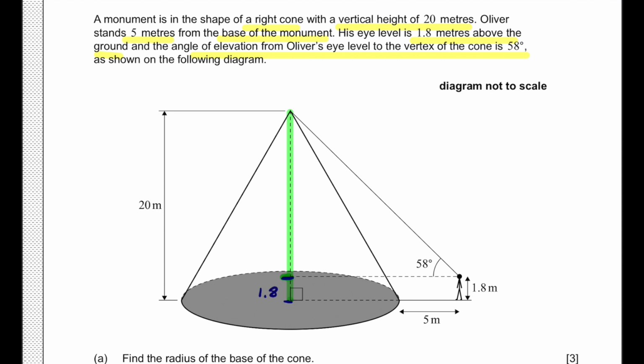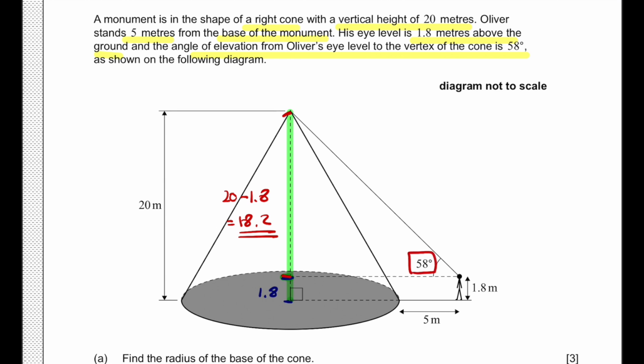Since the vertical height of the cone is 20 meters, the length between the vertex of the cone and Oliver's eye level is 20 minus 1.8, which is 18.2 meters. We also know that the angle of elevation from Oliver's eye level to the vertex of the cone is 58 degrees.